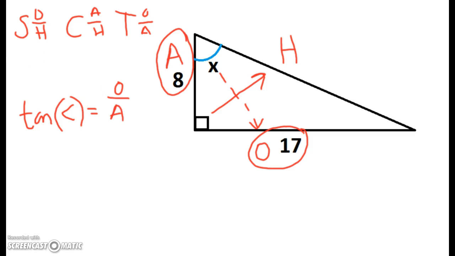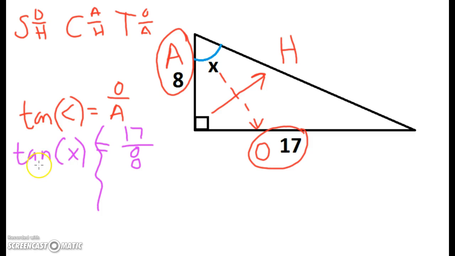And so now I can just start plugging some stuff into this problem. So the tangent, my angle is X, that's what I'm solving for, is equal to O is 17 and A is 8. So again, to solve this problem, I want to get X by itself.